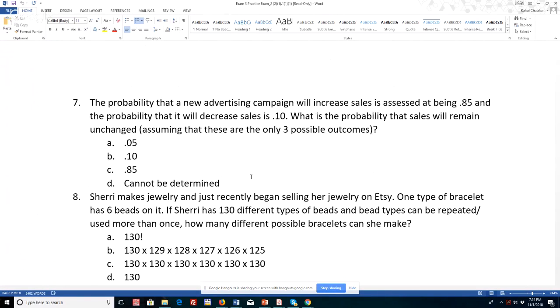The probability that a new advertising campaign will increase sales is assessed at being 0.85. And the probability that it will decrease in sales is 0.1. What is the probability that sales will remain unchanged, assuming that these are the only 3 possible outcomes?